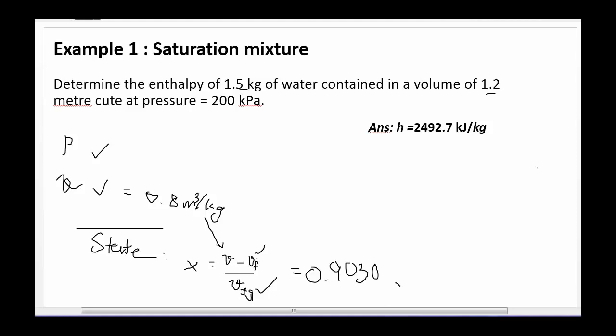Okay, you find your other intensive property. Are you able to find your h? Yes, you are. By using which formula? h equals hf plus the quality times the difference between the hg and the hf. So, do you have hf, hfg and x? Yes, this is here. And then this is from the table. This is also from the table.